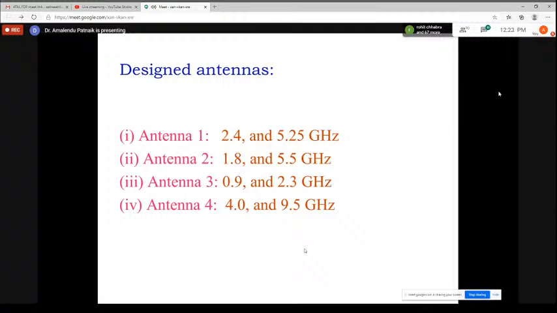So as I showed you in the previous slide, the job of that inserted neural network was to give the response parameters of the antenna, resonant frequency, bandwidth, and impedance, for different dimensions of the antenna.